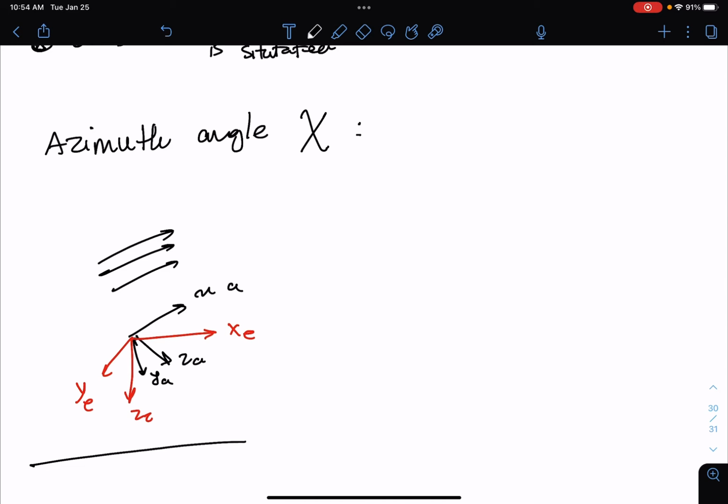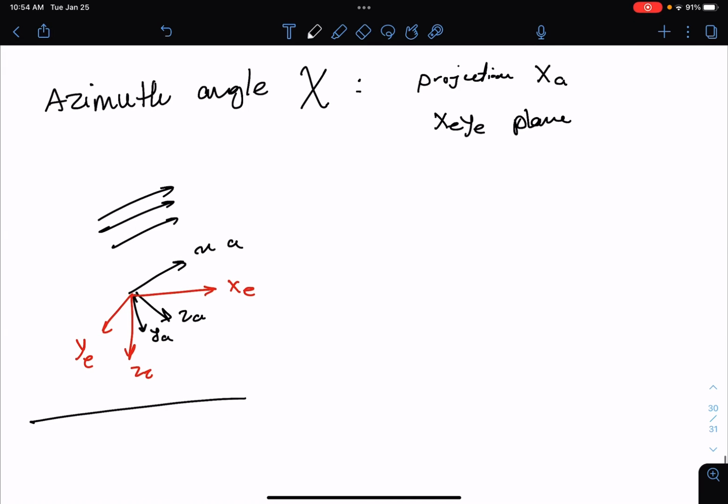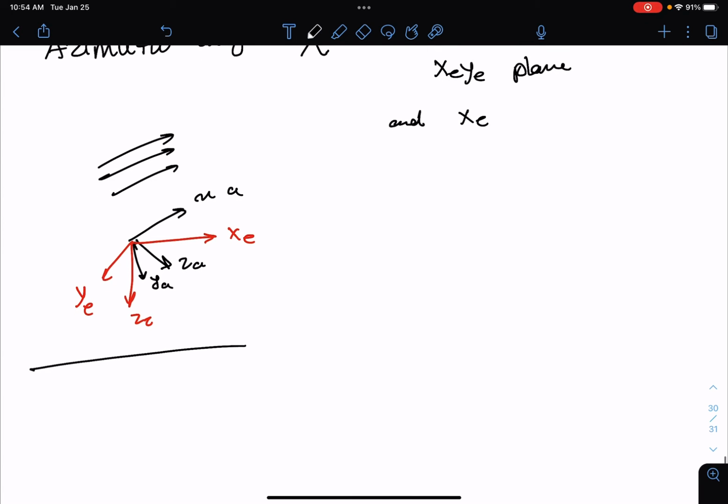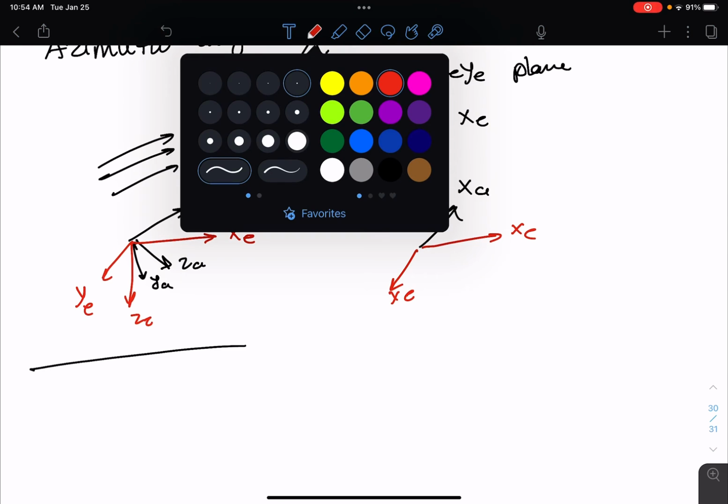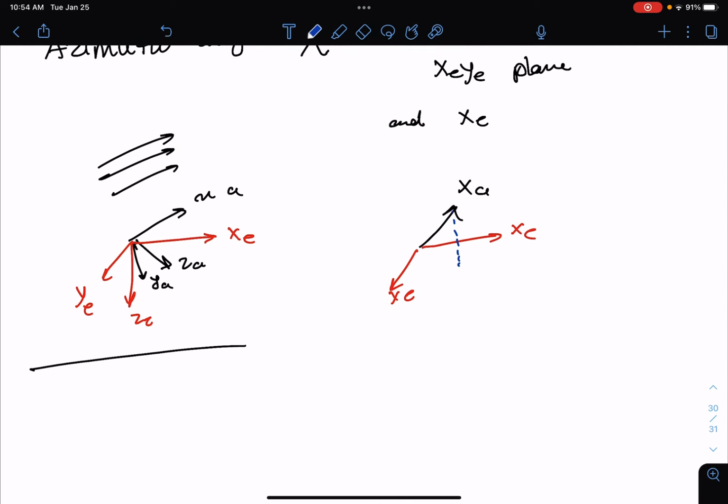It is the angle between the projection of XA on the XE-YE plane and the XE axis. You project this on the XE and YE plane.